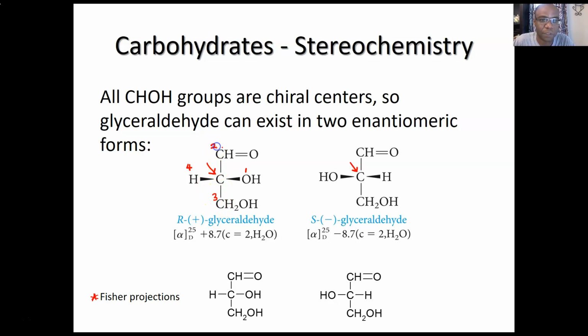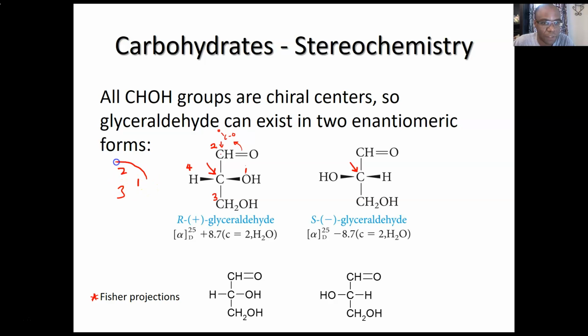I gave this priority 2 because this carbon is considered to be bonded to 2 oxygens because of the double bond. This is only considered to be bonded to 1 oxygen, so it's priority 2. This is priority 1 because the oxygen has a higher atomic number compared to the carbon and hydrogen. So again, we consider 1, 2, 3.